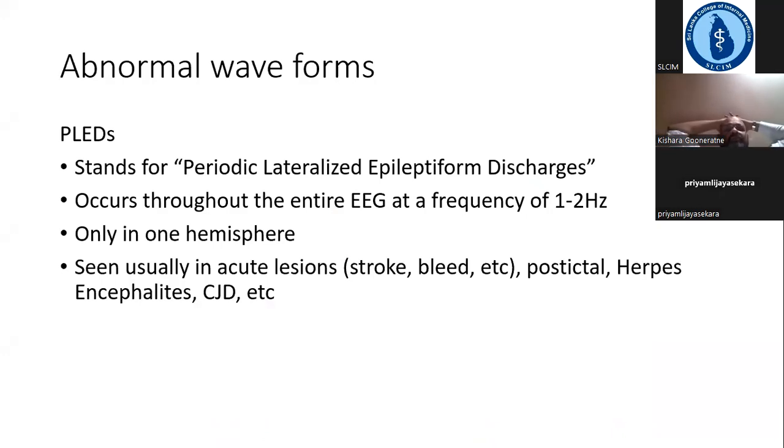Then, of course, we have the PLEDs, which are called periodic lateralizing epileptiform discharges, which occur throughout the entire EEG at a fixed frequency of between 1 to 2 hertz, and are generally confined to one hemisphere.